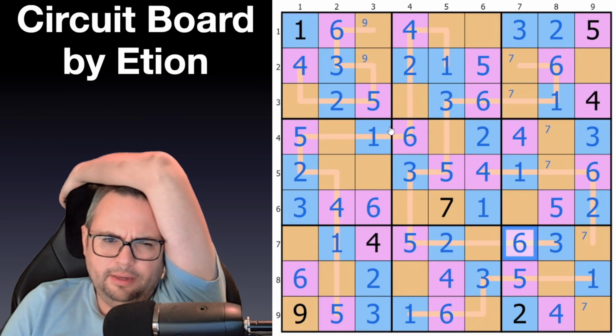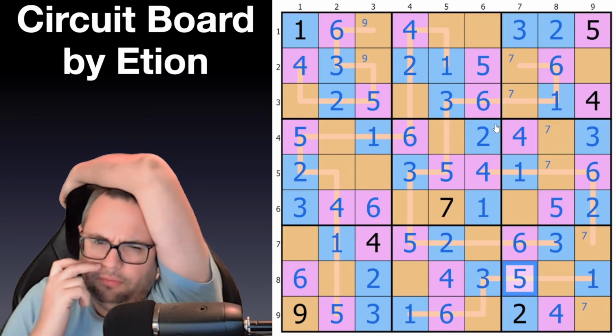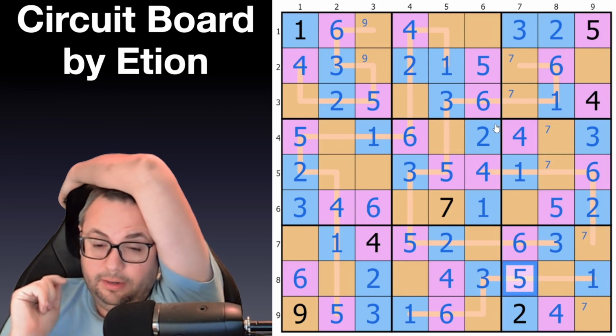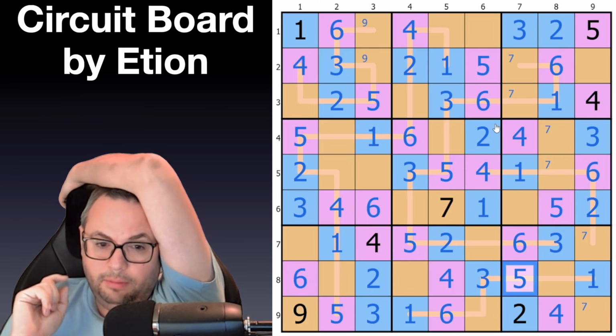Let's see. I mean, I know this digit is here. That doesn't seem super fruitful. Maybe I should center mark everything. I don't know what I'm looking for if I center mark everything, is the problem.